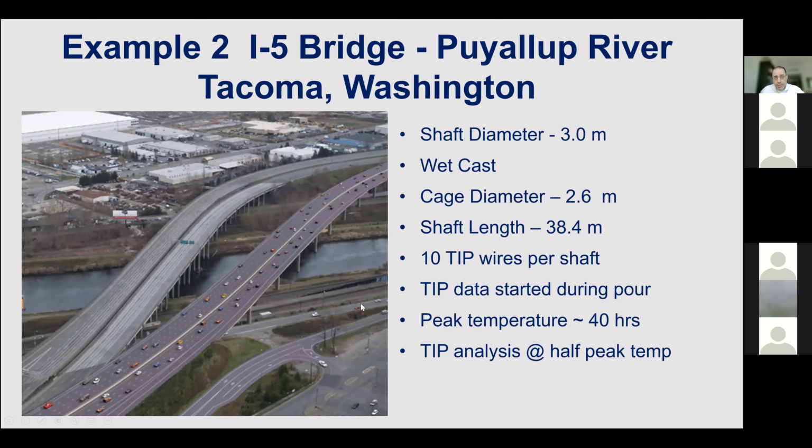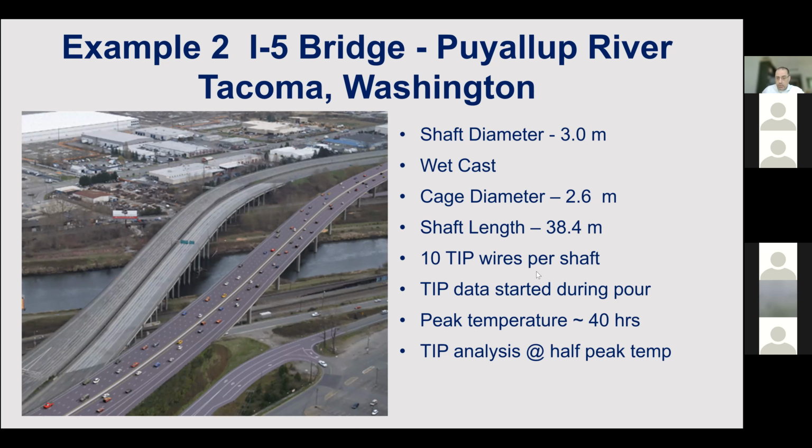Another example, this is a highway bridge in the United States, Tacoma, Washington. The bridge employed very large diameter and very long shafts, 3-meter diameter, 38 meters length. Each one of these shafts was instrumented with 10 thermal wires around the circumference.